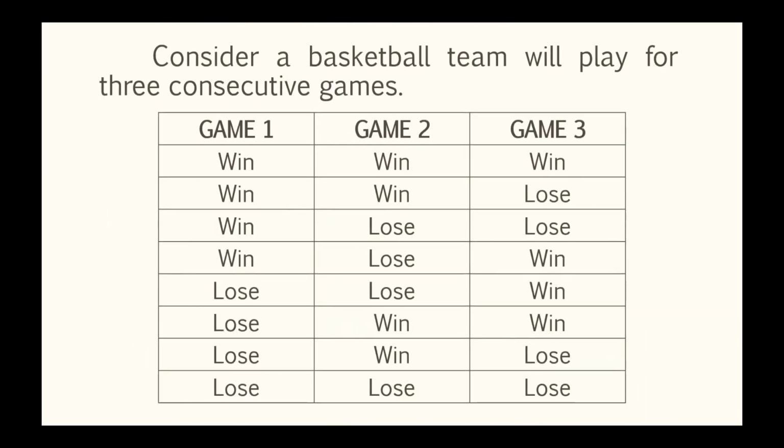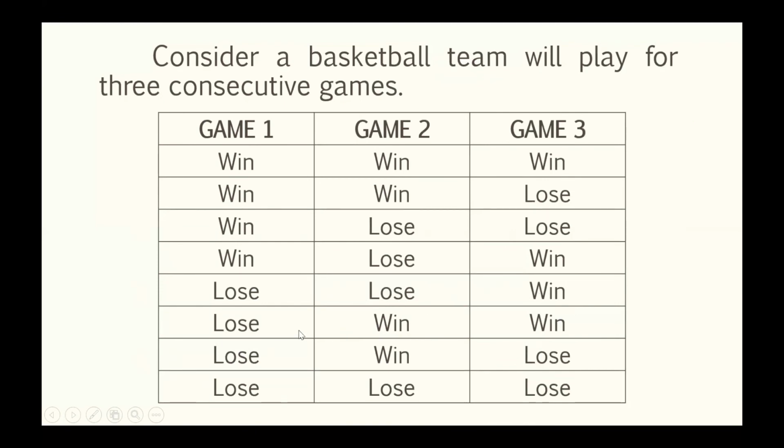Now, if your answer is this, then your answer is correct. These are all the possible outcomes from game 1, game 2, game 3. 3 wins, win, win, lose, can be win, lose, win, or it can be 2 losses and 1 win.